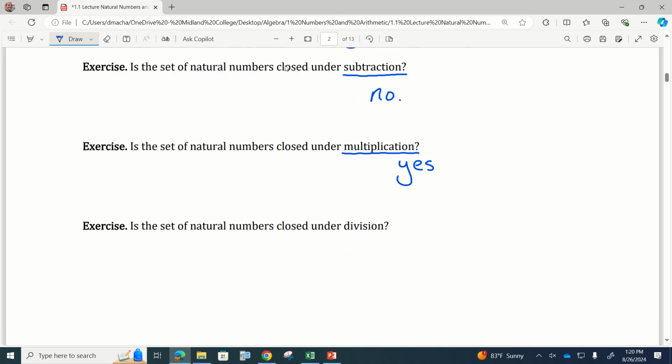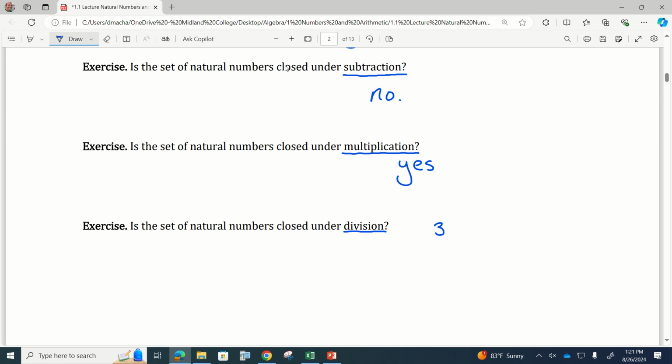The next question I would ask is, are the natural numbers closed under division? Who thinks yes? Who thinks no? So 3 is a natural number.